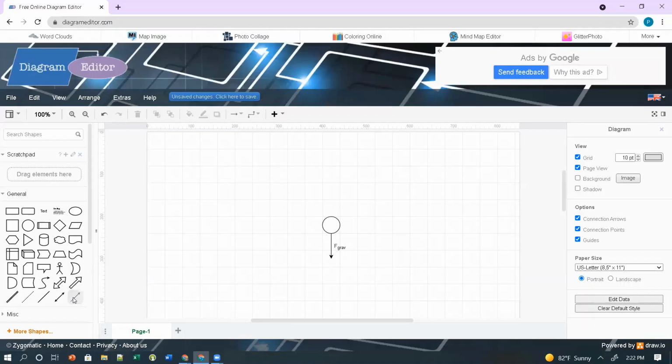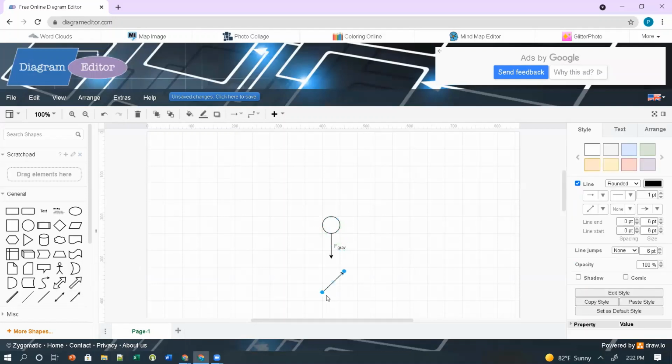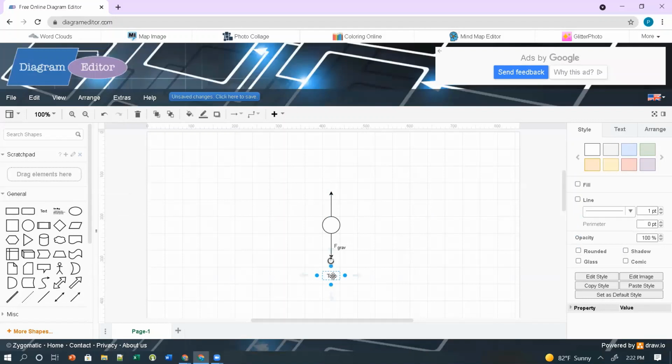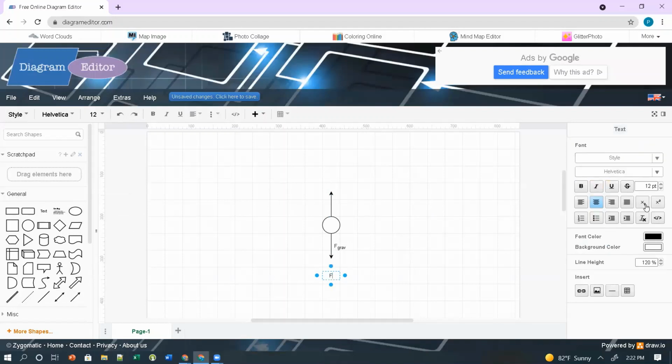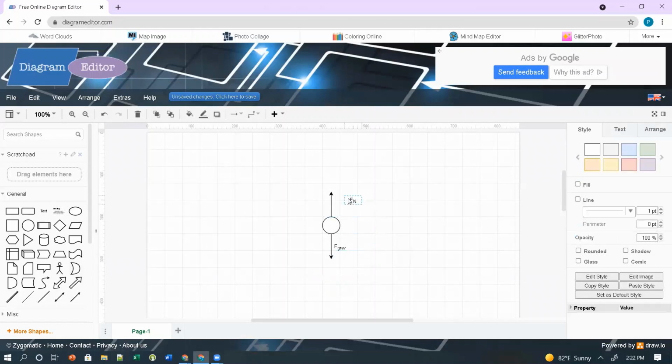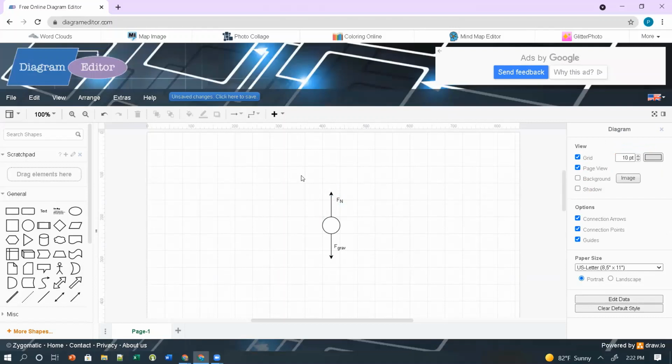So how we would represent that is with another arrow from the center of the circle, pointing straight upwards. And how we normally label the normal force is with the capital F, with a subscript N for normal force. And we write that right next to that arrow. So this would be the free body diagram of a box simply resting on a table.